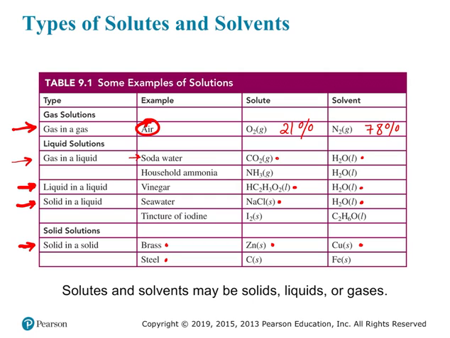So steel is made up of carbon and iron, and iron is usually present in a larger amount. So you can have all sorts of different solutions. It's not just liquids mixed with liquids or solids mixed with liquids. You can also have gases mixed with gases, or gases mixed with a liquid, or you can have a solid mixed with a solvent, or a solid. Too many S words. So there's all sorts of different examples of solutions.